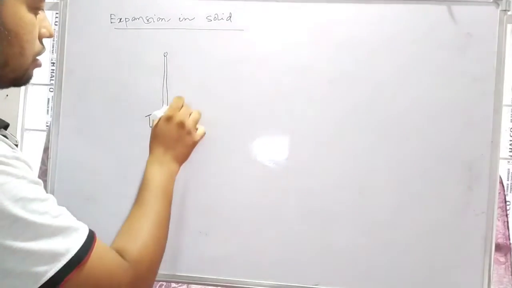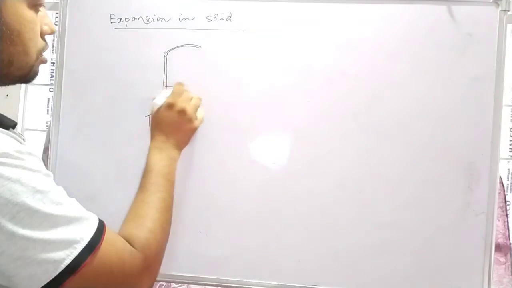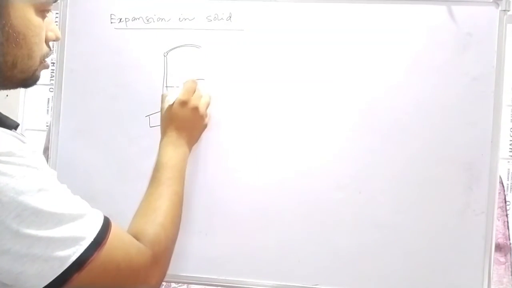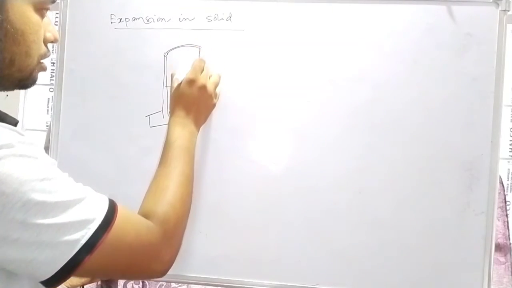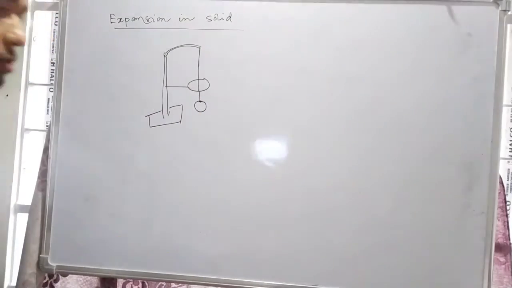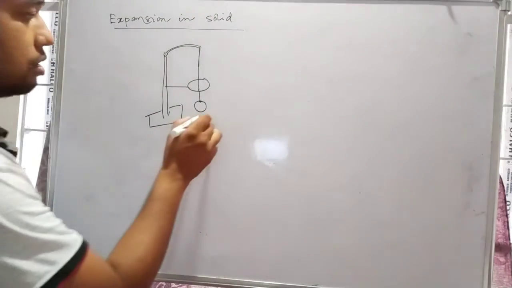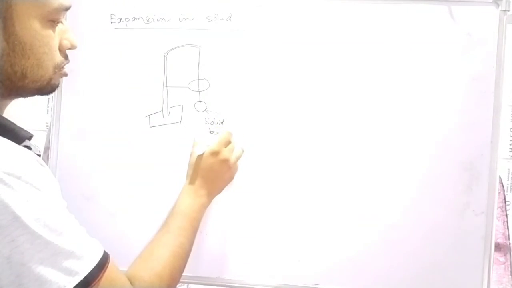We take a stand here, okay, and suppose there is a ring, and there is a ball which is attached to a string. Okay, so this is a solid ball.